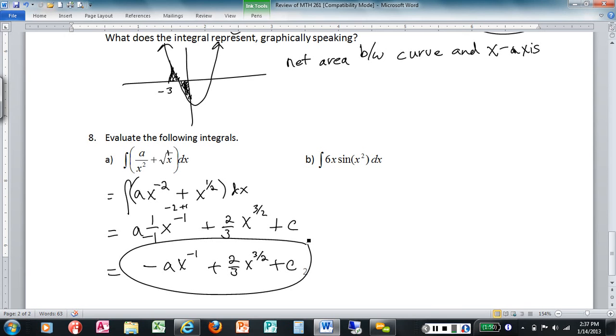How about that? Okay? Now 8b is another important one, because what shall I use here? Anybody get that one? U-substitution. Let's use U-substitution. U equals what do I want U to be? X squared. Yeah, the problem is on integrals, I don't have a product rule for integrals, antiderivatives.